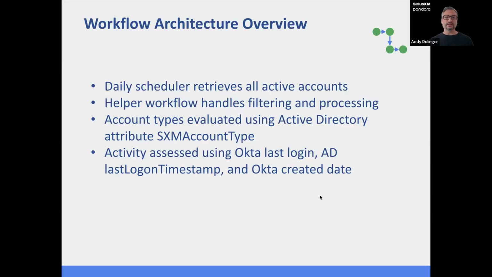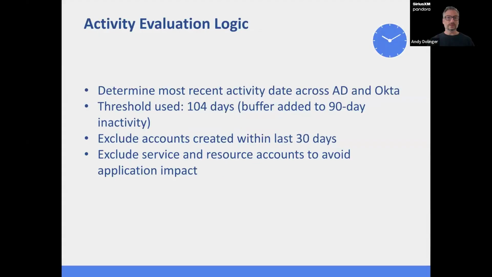Activity was assessed based on three main attributes: the Okta last logon, the AD last logon timestamp, and the Okta created date. So what we do in the helper flow is we compare the Okta last logon and the AD last logon timestamp.